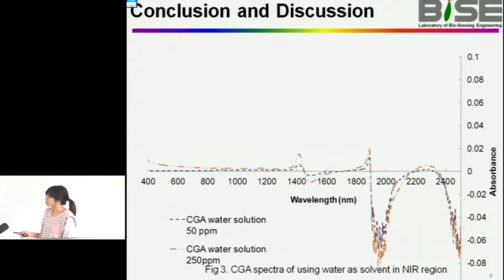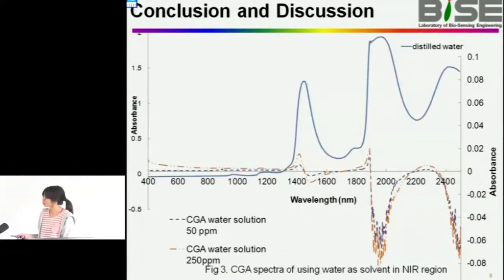Ideally, the spectrum should just represent CGA information because water information has already been removed as we're using water as a reference. From the result, we can see that some of the absorption values are negative. This is because water has strong absorption in these 2 regions.